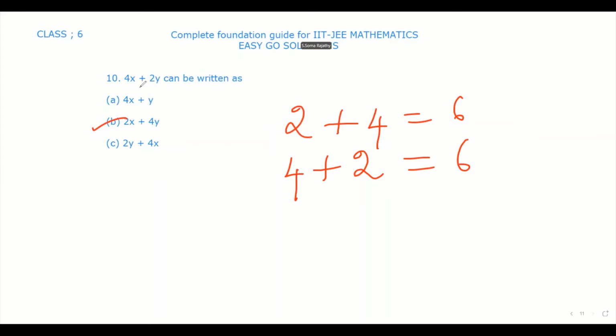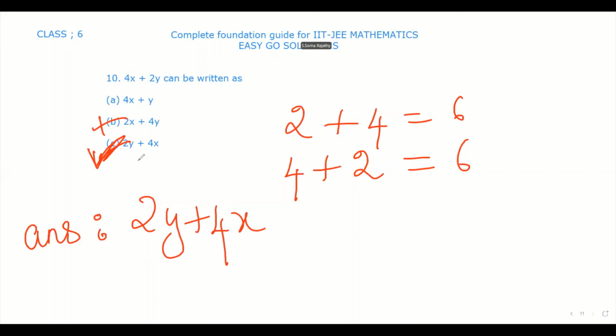So I am changing the position: 2y plus 4x. 2y plus 4x is the right answer. You cannot change the variables, but you can change the position of the entire term. So this is the right answer.